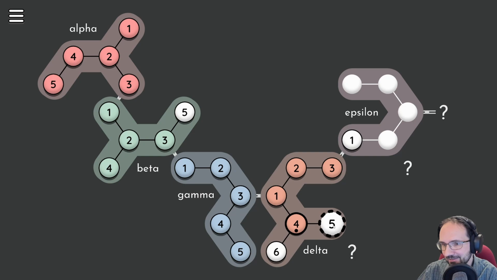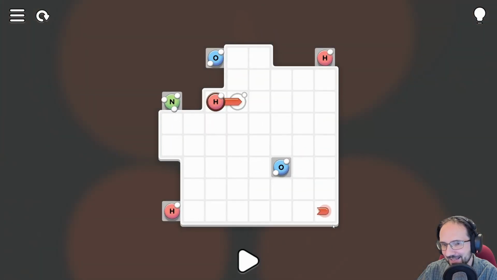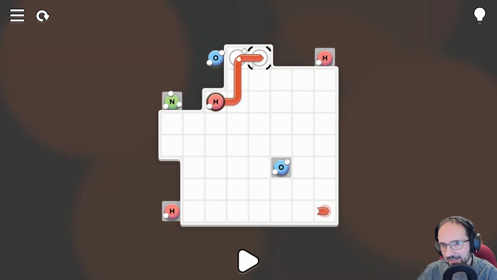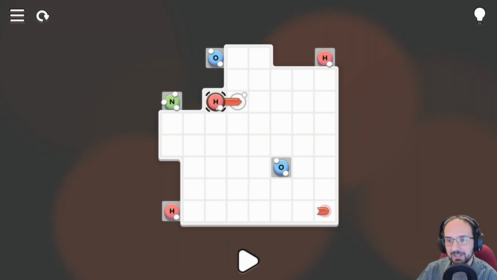Shall we keep going with Delta or should we go to Epsilon? Let's keep going with Delta. What are these things that are kind of off to the side? Slightly. I guess it fixes which side we've got to pick the molecule up from.